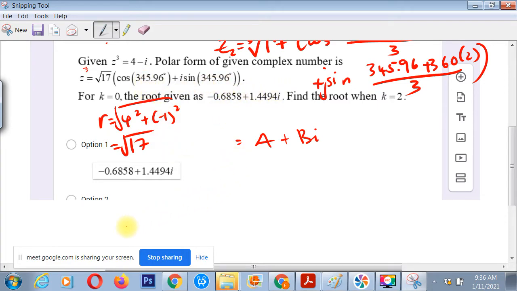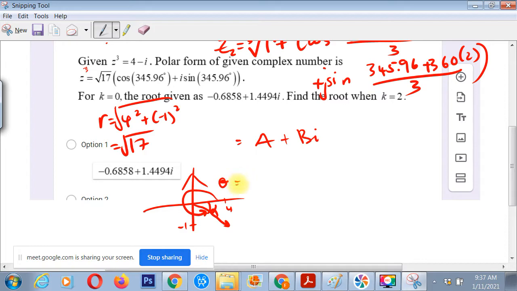And for the angle, the 4 is here, negative 1 is here, so this is the point. You need to find alpha first, and then you will get theta.